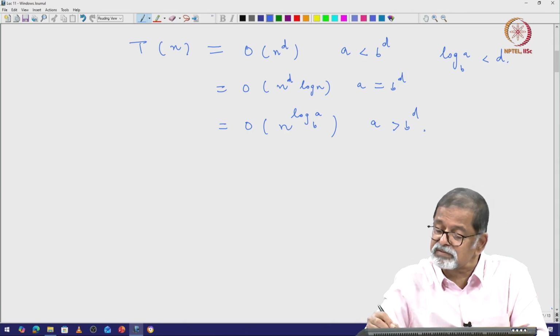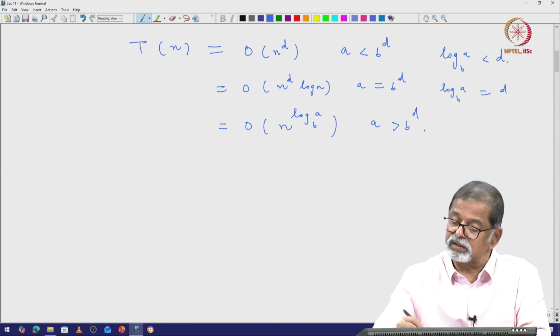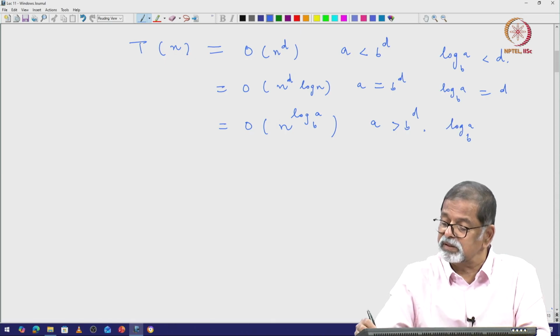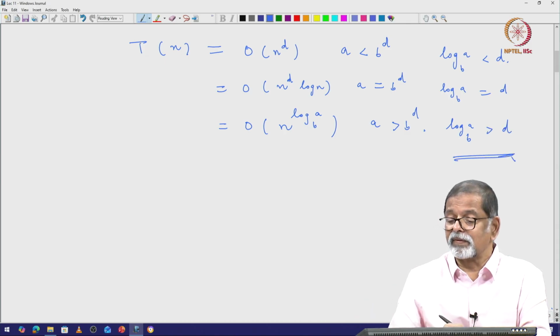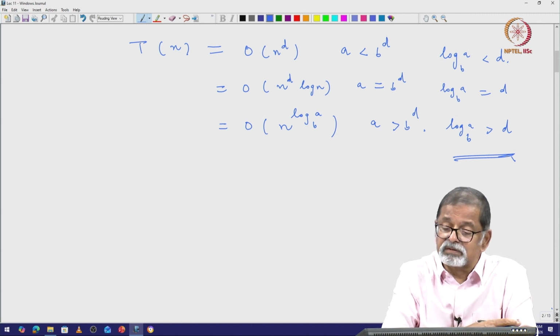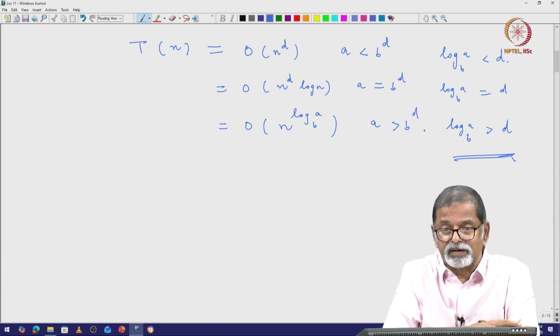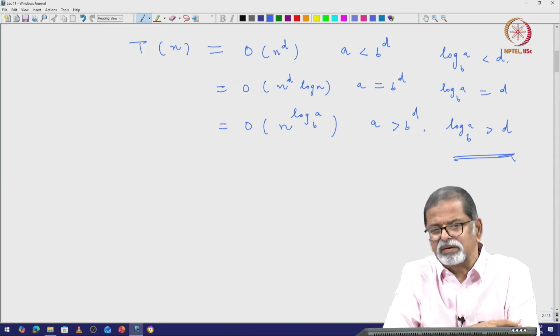So this is the case when log A to the base b is actually equal to d. This is the case where log A to the base b is greater than d. So depending on how log A to the base b is related to d, you get the value of T of n.